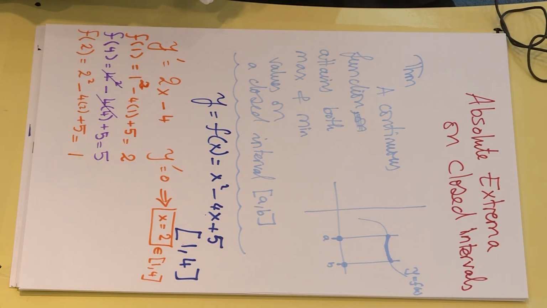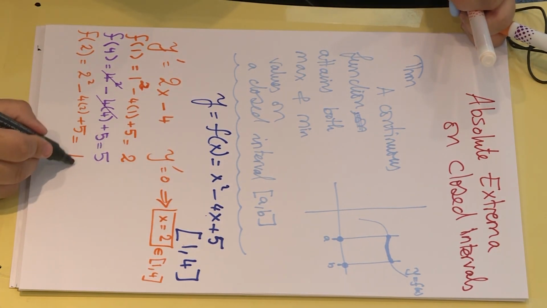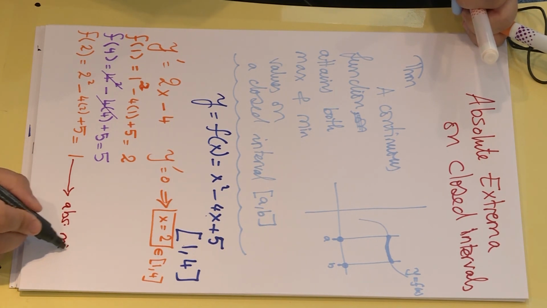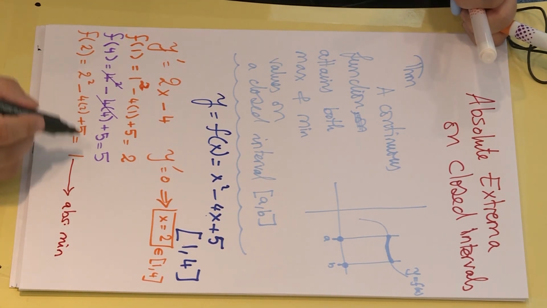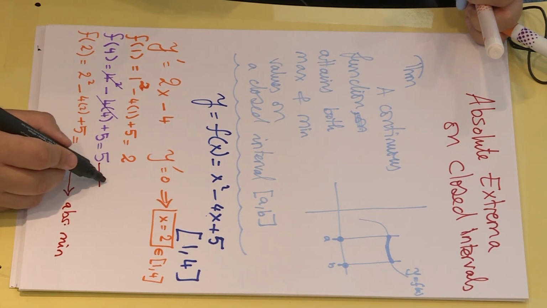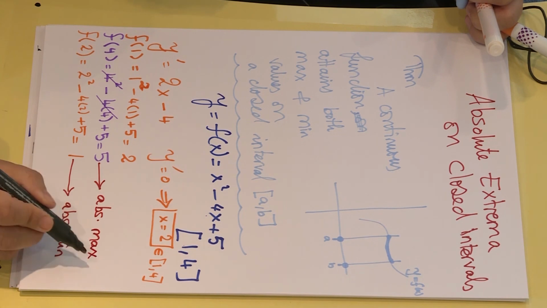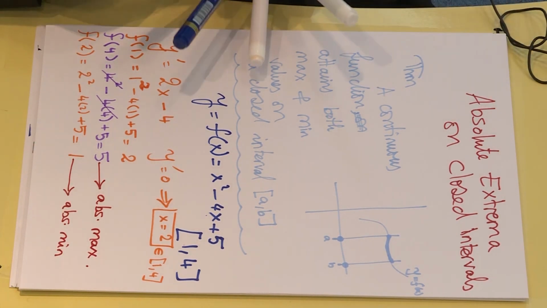And we come and see what's the smallest value, what's the lowest value of the three, this one, so we have absolute minimum here. What's the largest value? This one, so we have absolute maximum here. And that's it. Thank you very much.